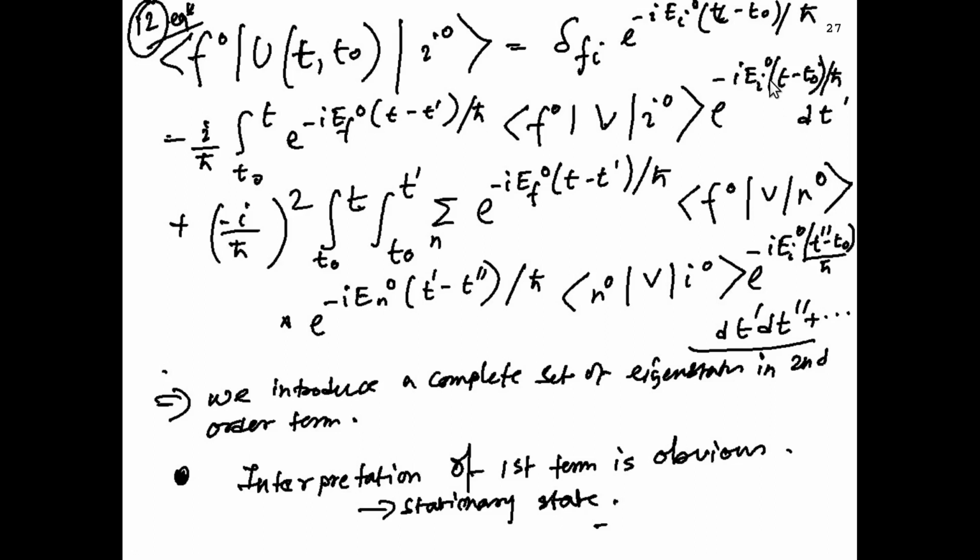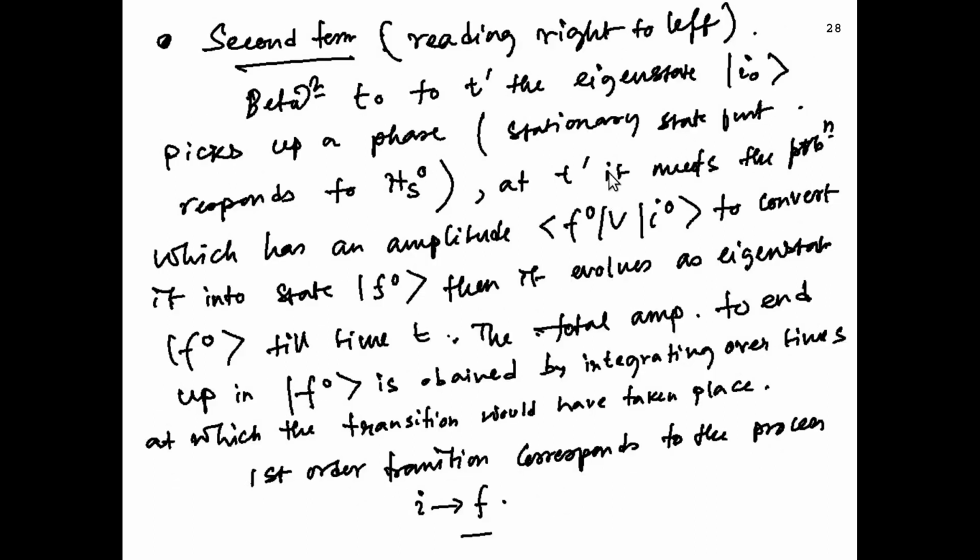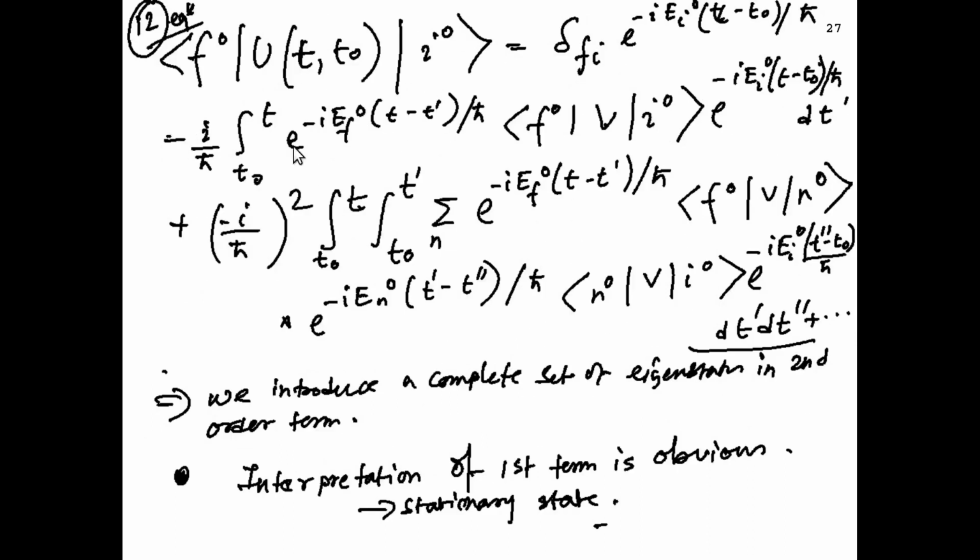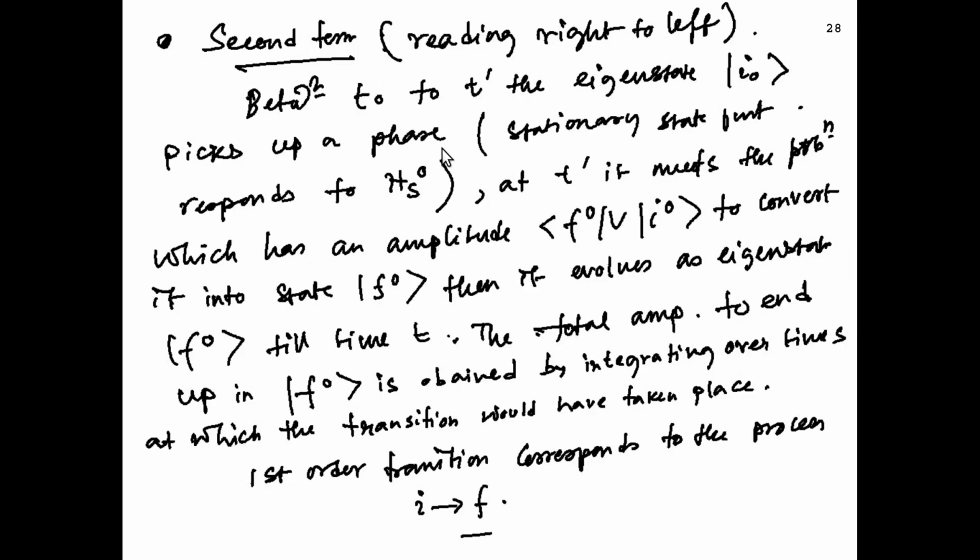It is basically e^(-iE_I0(t' - t0)/ħ). Then at t', going to the diagram, it meets the perturbation, which is the potential V, and with an amplitude it converts into state F0, and then it evolves as an eigenstate F0 until time t, again under the stationary state evolution, and the only effect of that is to pick up a phase e^(-iE_F0(t - t')/ħ), and that is what shows up here.